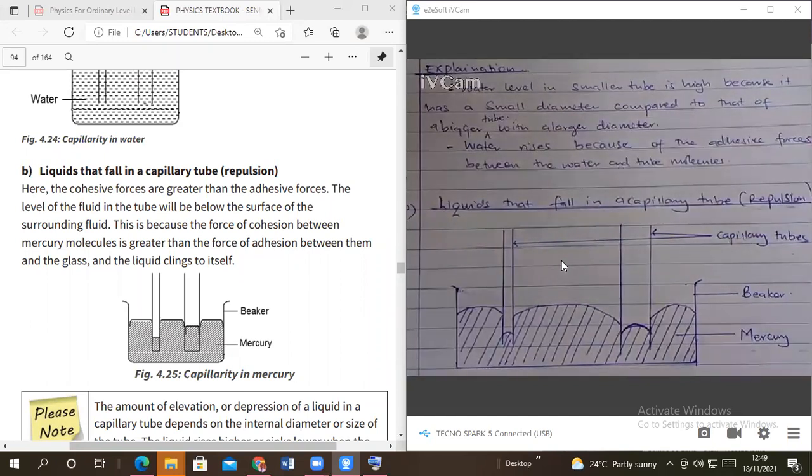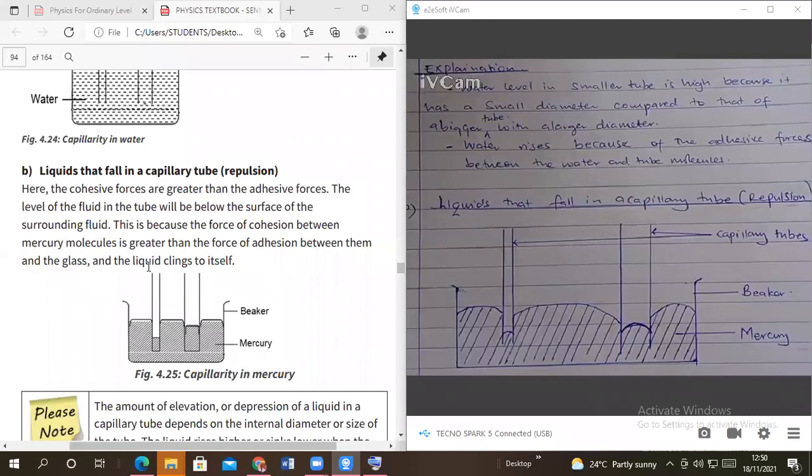Here, it is the cohesive force that is greater than the adhesive force. So the level of the liquid in the tube will be below the surface of the surrounding fluid. This is because the force of cohesion between the mercury molecules is greater than the force of adhesion between the glass and the liquid clings on itself.